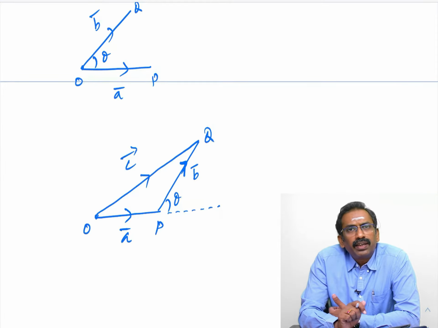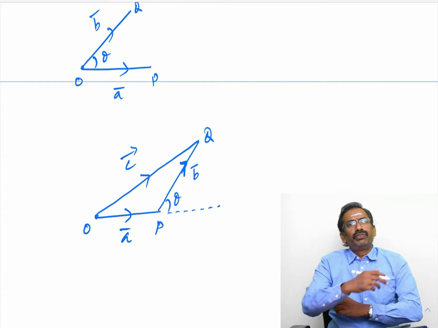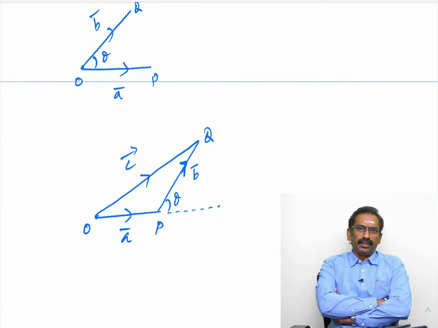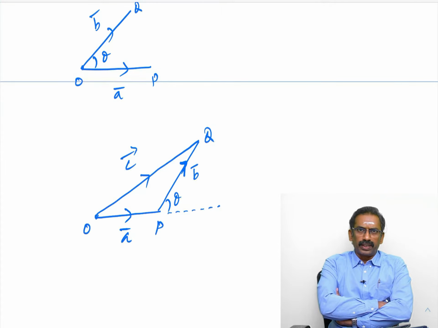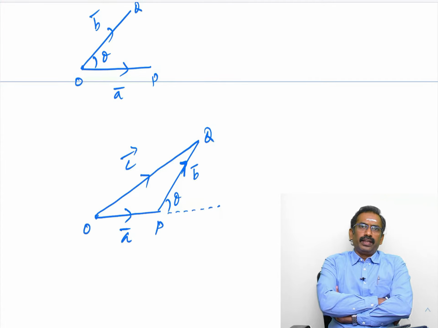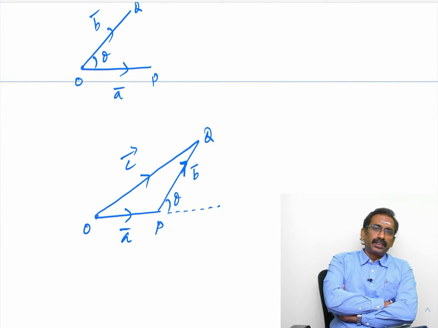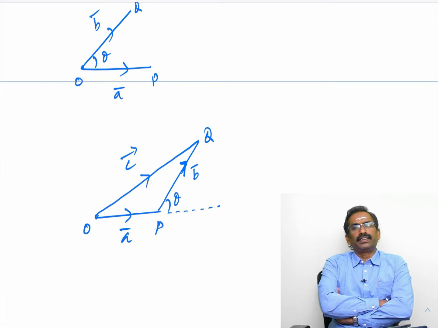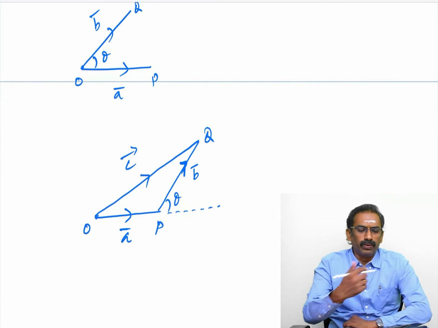So what the triangular rule says: if two vectors are represented by two sides of a triangle in magnitude and direction in the same order, then the resultant vector is represented by the third side of the triangle in the opposite order. This is the triangular rule.